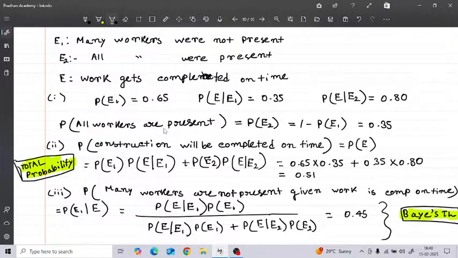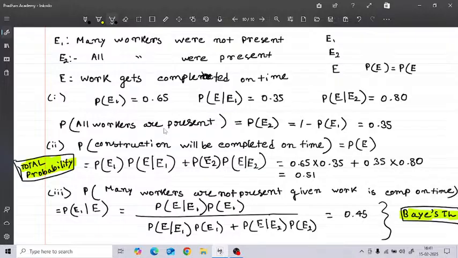Now how can you understand where to use these two theorems? In the questions you will see you can define events like E1 and E2, exactly its complement. Then you will get another event E. In the question, this is the format of a probability case study problem. Whenever you have to calculate the probability of E, you have to use the total probability.